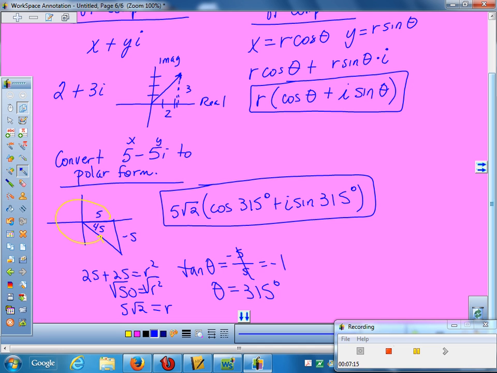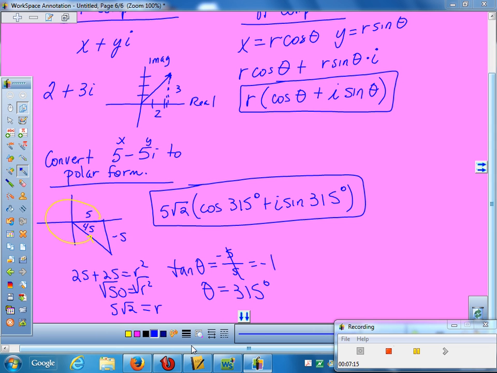Okay. There is a shortcut to this, and I hesitate to say this because you all tend to use shortcuts more than you should. But I think there's a problem on your assignment that writes it this way. Sometimes, if we're not calculating and we're just writing out this form, people don't want to write out the cosine, i sine all the time. So they abbreviate it. They will write CIS for cosine i sine, 315.